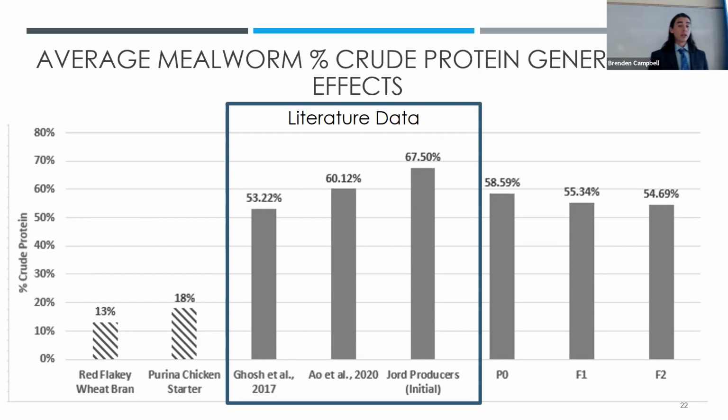Then there is literature data of what the mealworm percent crude protein is from other literature sources. And then that is compared with our 3 generations of the P0, F1, and F2. Within each generation, the percent crude protein decreased. And I'll talk about the conclusions here in a slide or two.